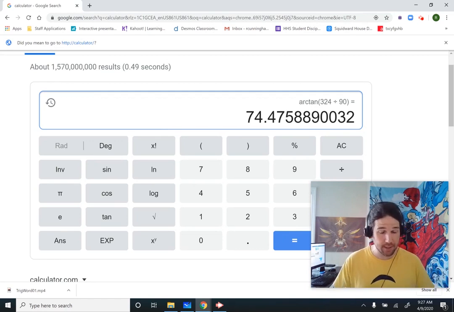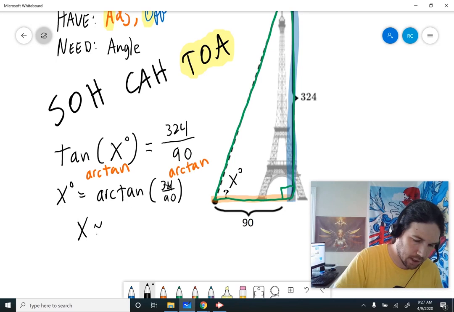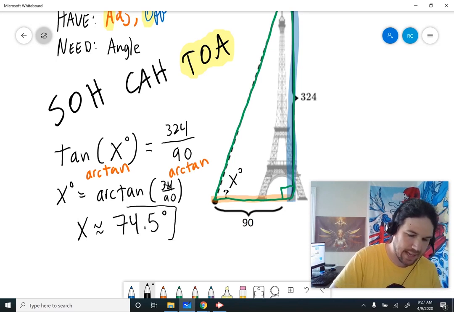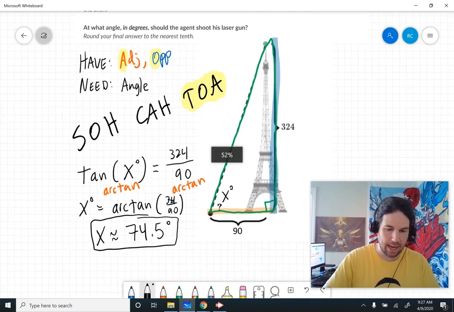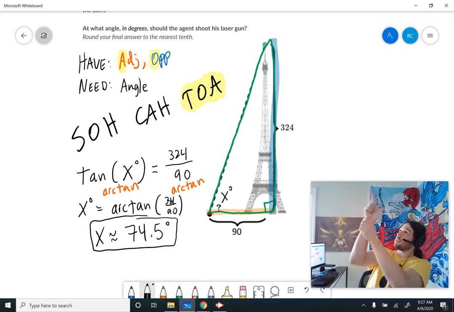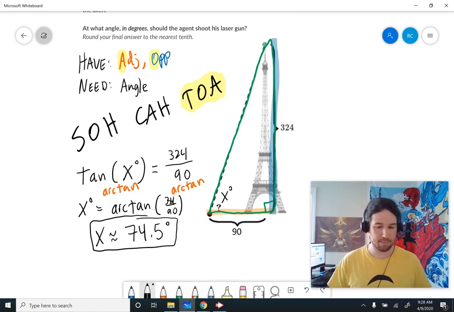Remember, we are in degrees. So let's say 74.5 degrees. X is approximately 74.5 degrees. That is the angle that the special agent will have to make with the ground in order to shoot the alien.